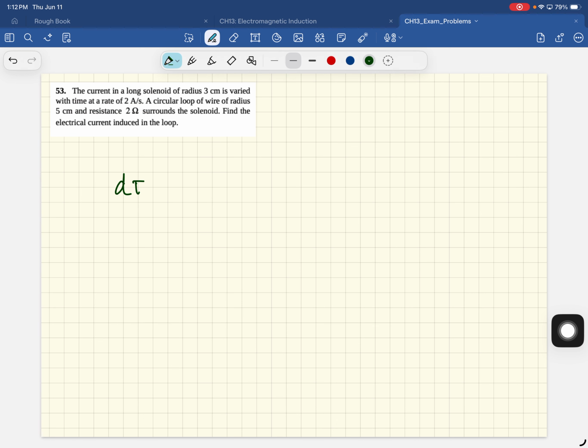So that's 10 to the minus 4, and then 10 to the minus 8, so 4 pi squared times 9 times 2.